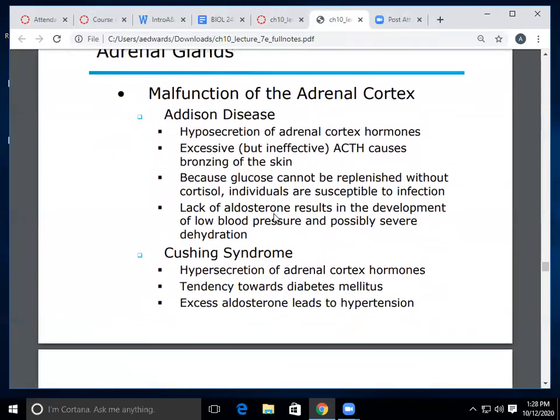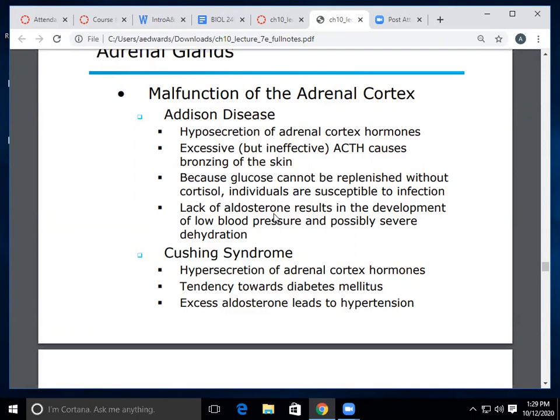All right. So we talked about basically how the adrenal cortex works normally. Let's talk about how the adrenal cortex works abnormally. Okay. So first malfunction is Addison's disease. So here you get a hyposecretion of adrenal cortex hormones. Remember, hypo is low, so low secretion. And you get excessive ACTH, so that's still ineffective.